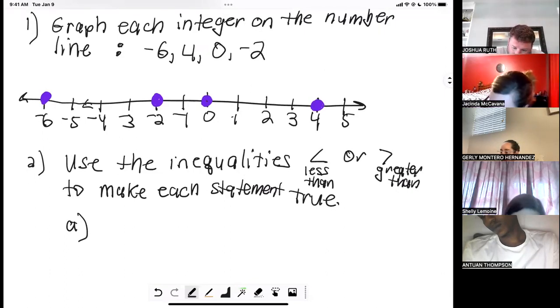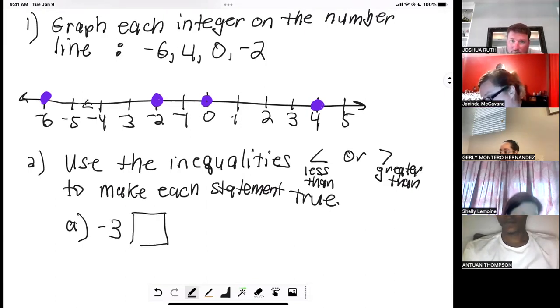Okay, I'm going to do the same thing. I'm going to write them out and then we'll do them together. So I'm just going to write them out, or you can write them out with me. I'm going to put a box here where the inequality goes.